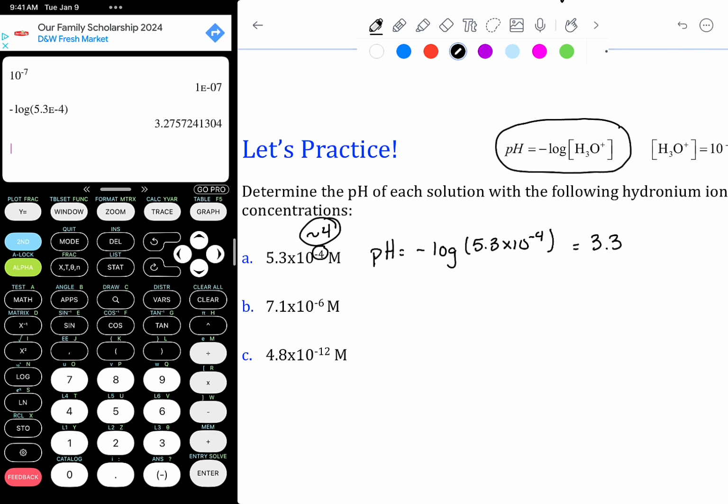Okay, for your next two, I want you to try those on your own. Please type them into your own calculator so that you know how to use it and you're not at a loss when you go to do your exam. So try these on your own calculator now.